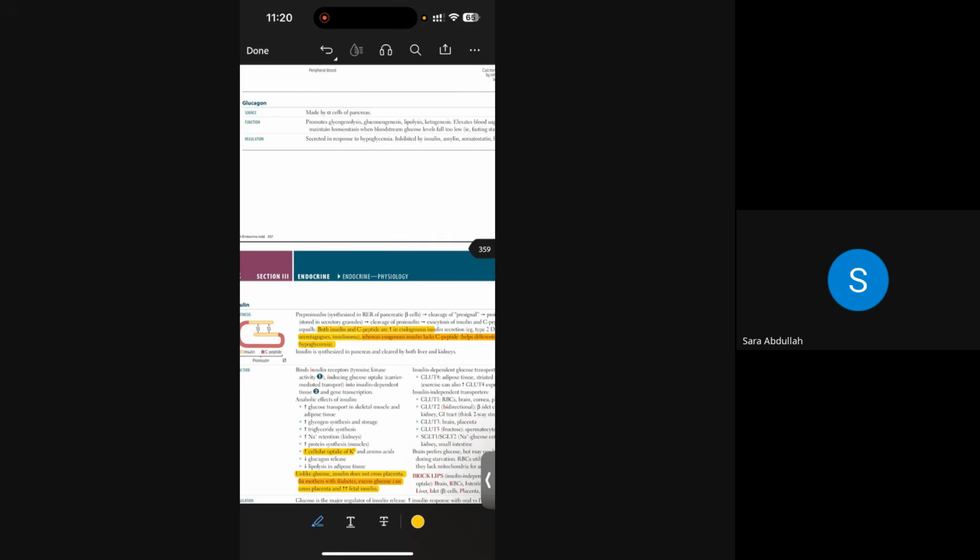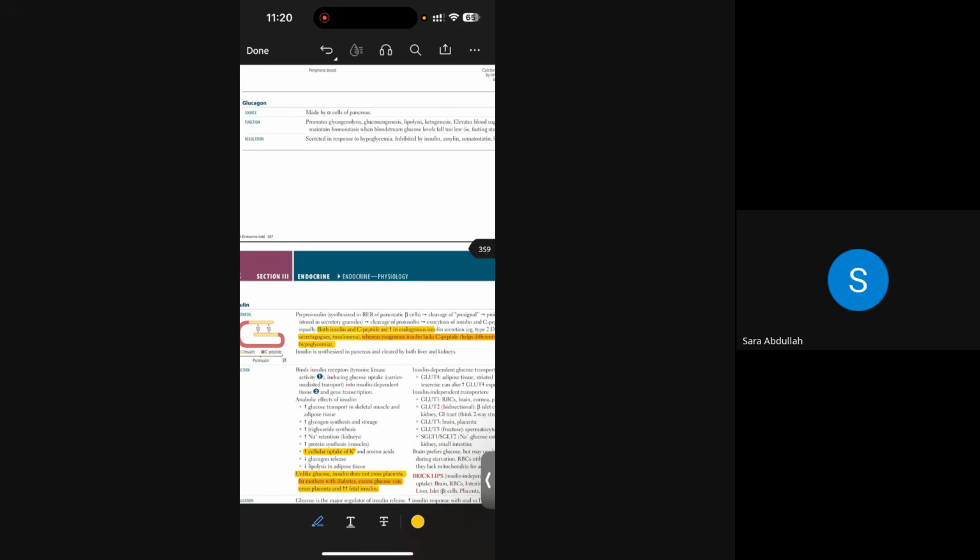When the insulin is secreted by the beta cells, they secrete insulin along with C peptide. If you want to find out whether the insulin that is high in your blood is endogenously produced or administered from outside the body, you have to measure the C peptide levels.